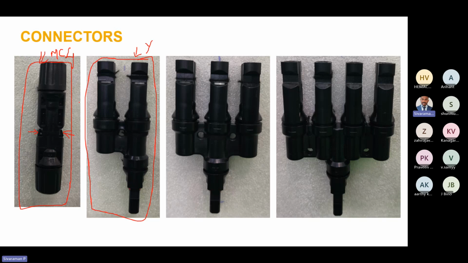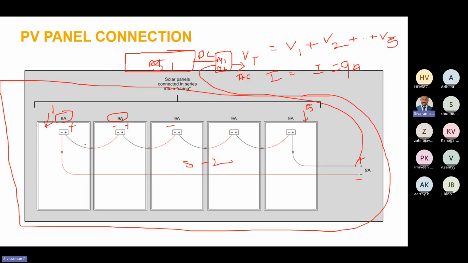Okay, so this connector is used at this location. Here you can see there is one small symbol. This symbol is called a connector symbol. So the MC4 connector is used to connect the modules.